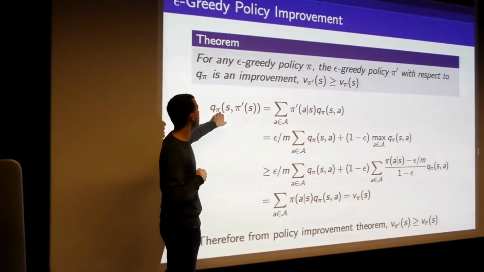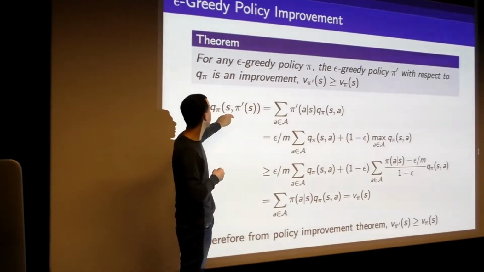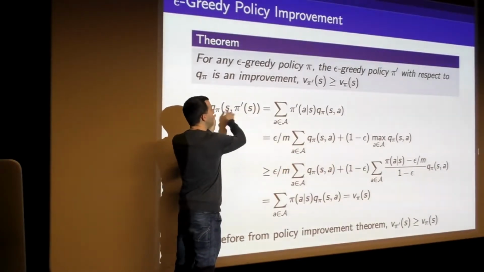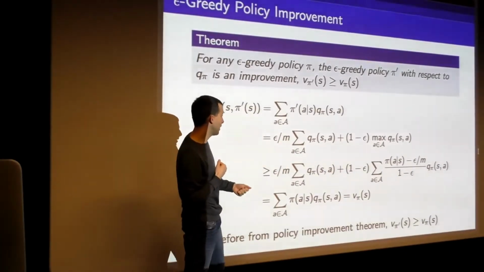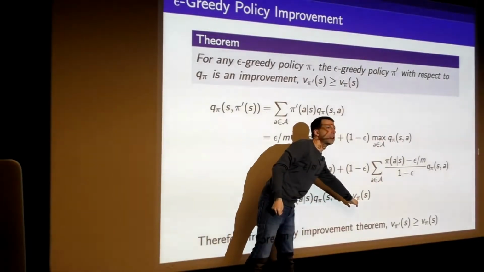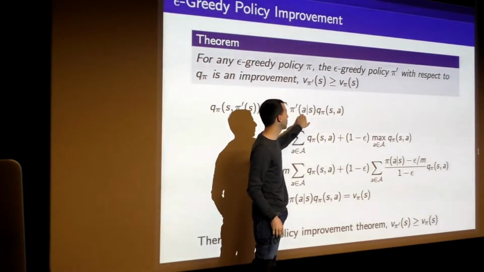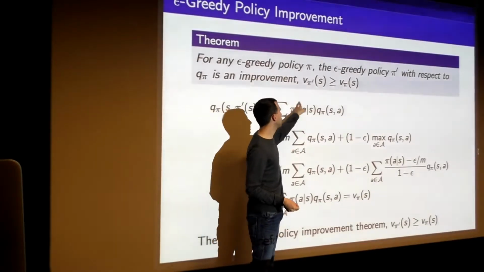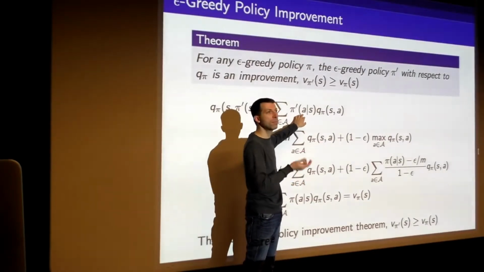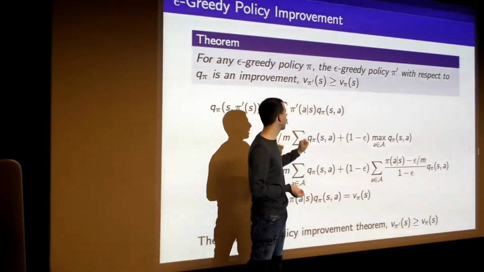So over one step, we can see that the value of our original epsilon greedy policy, if we take one step of our new policy, we want to show that this is better than the value of our original policy. So this is just an expectation. This is our epsilon greedy policy, and for one step, there's some probability that we're going to take each action, multiplied by the value of that action. This is just unrolling the expectation.